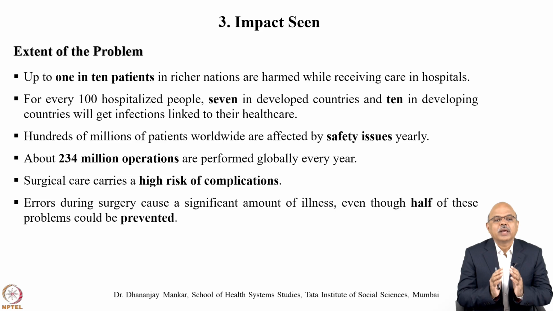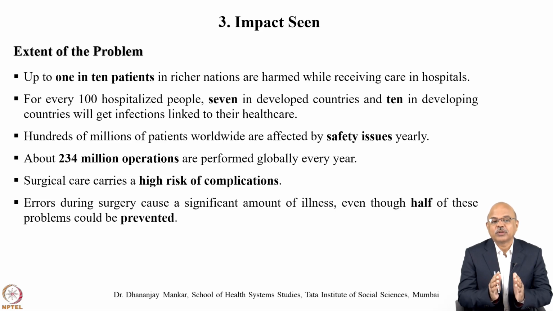About 234 million operations are performed globally every year. So you can understand the pressure of surgery on hospitals. Surgical care carries a high risk of complications, which takes a whole volume of hospital employees, resources, and equipment.